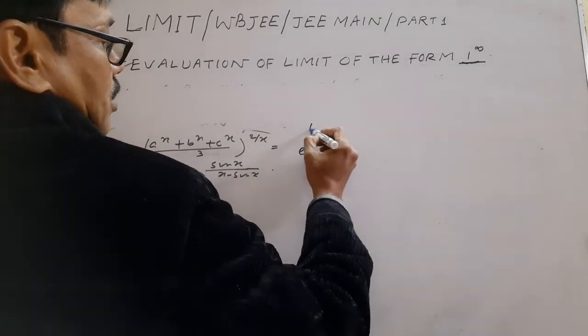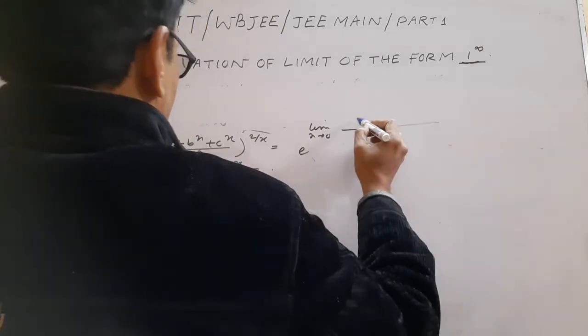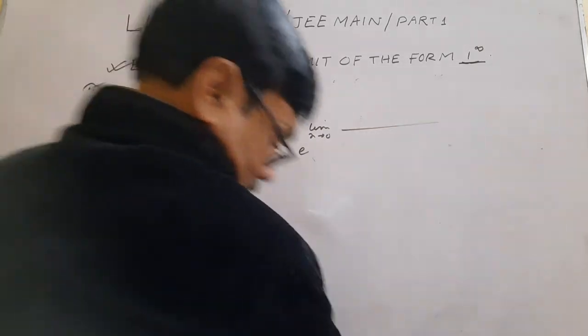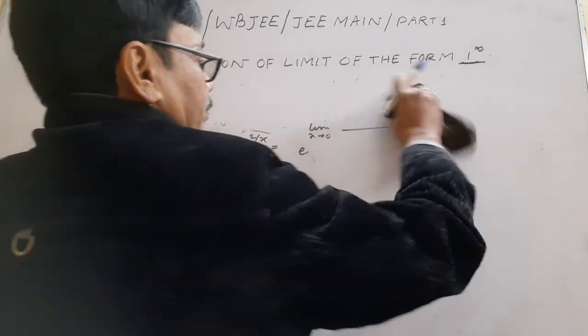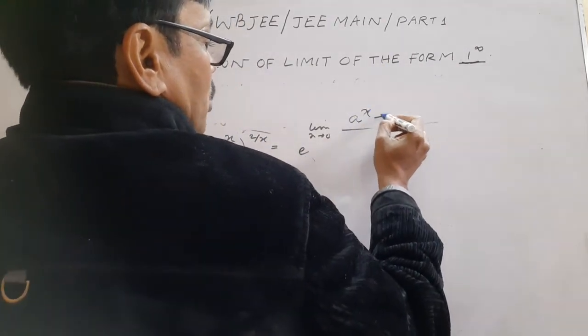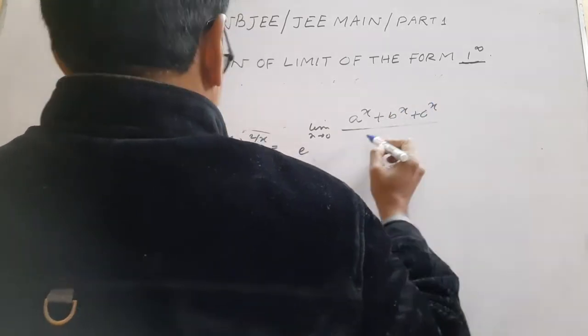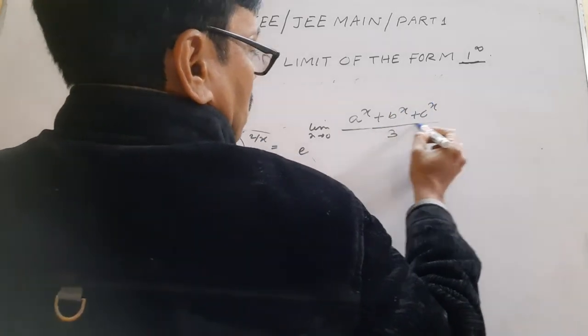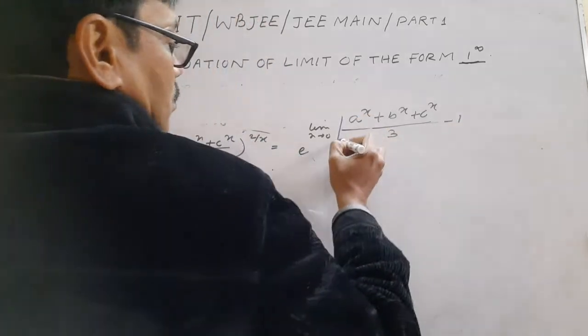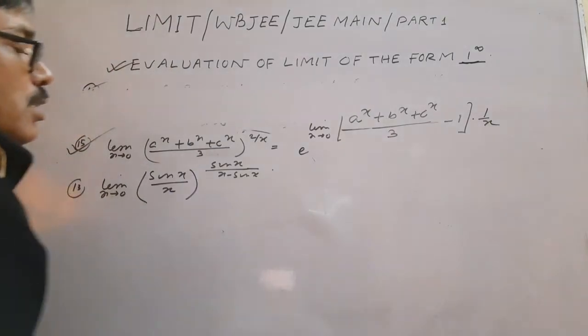So by the previous theory, limit x tends to 0 of ((a^x + b^x + c^x)/3 minus 1) into 1 by x.